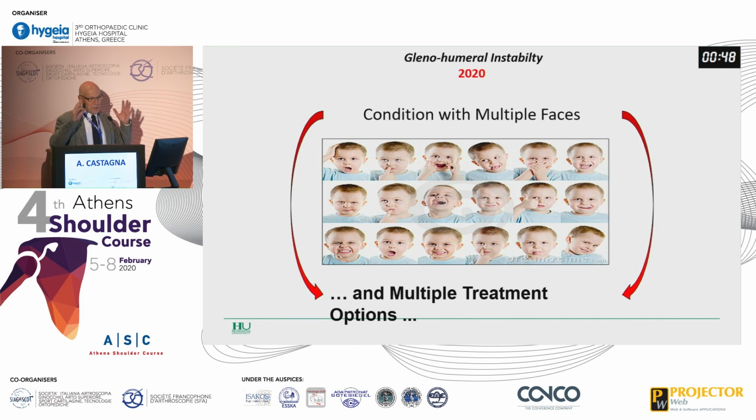And we need to think with our brain with an open mind, because we need to understand the pathology, we need to understand the problem of the patient, and we need to understand what is the best for our patient, because then we have multiple treatment options in our hands. And this is the tough part, to make the proper choice. But you cannot make a proper choice if you don't have the proper perspective of the issue. So this is my end of this session, without making any special thing, but just stay open-minded when you face this condition that is instability, not just dislocation.